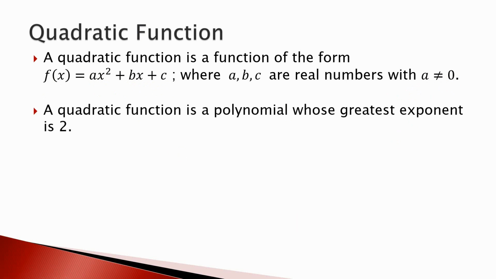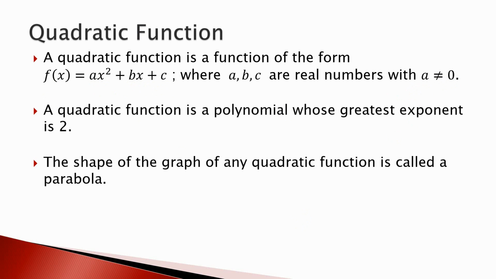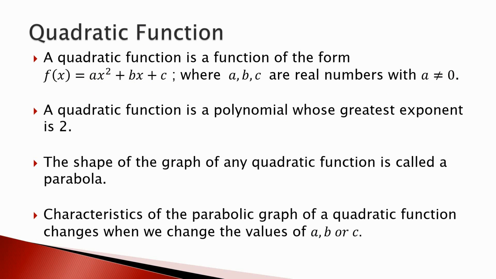So a quadratic function is a polynomial whose greatest exponent is 2. The shape of the graph of any quadratic function is called a parabola. So we'll see what a parabola is. So characteristics of the parabolic graph of a quadratic function change when we change the values of a, b, or c.